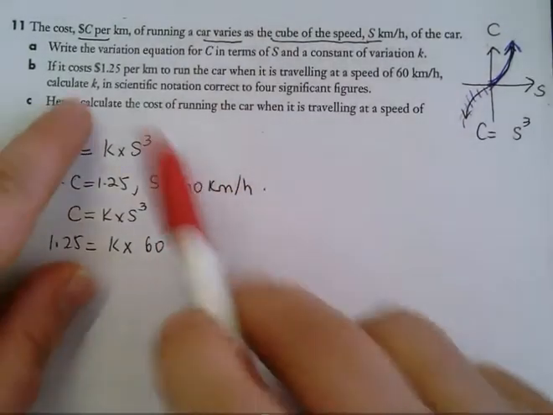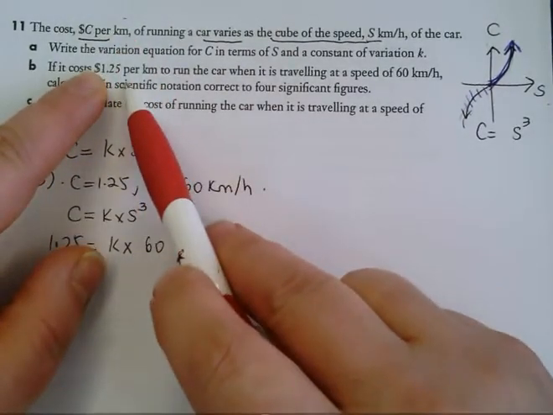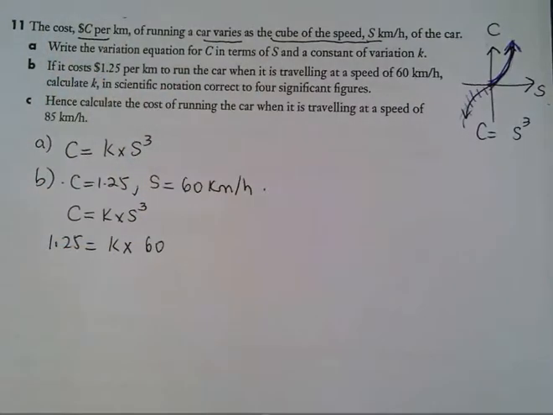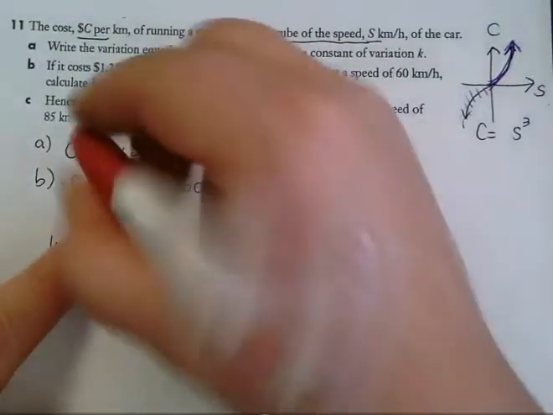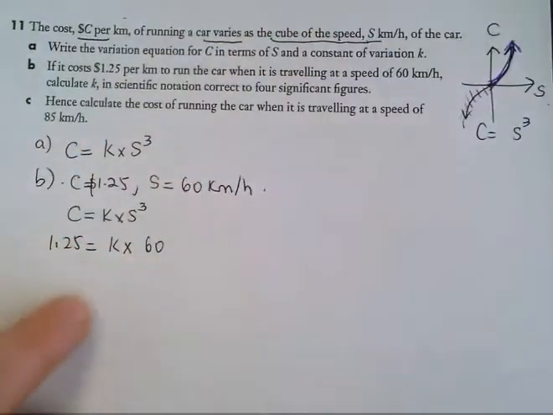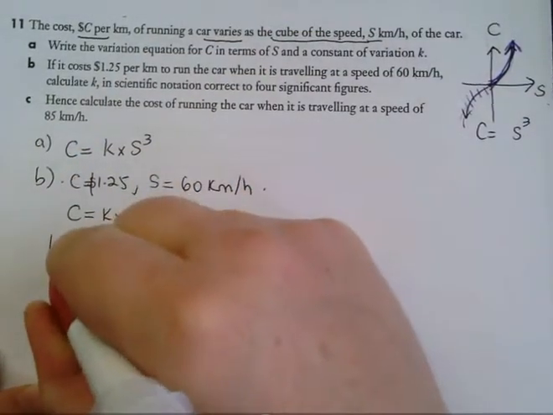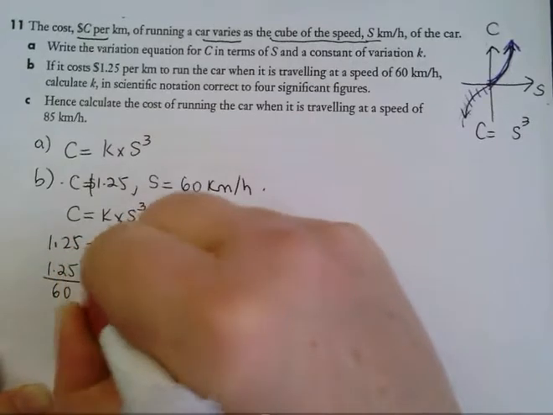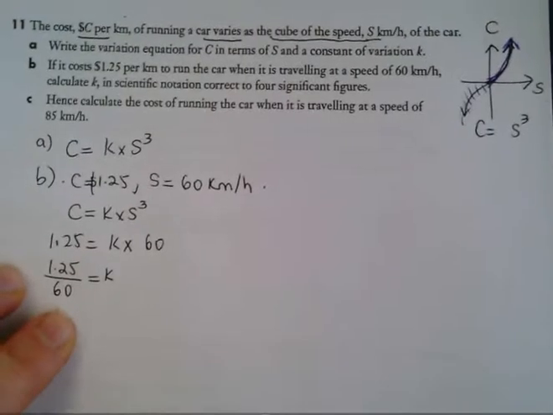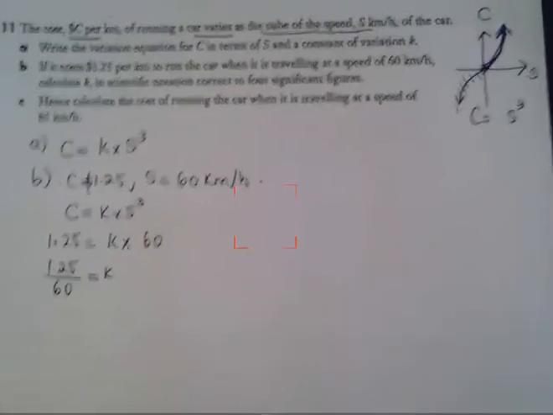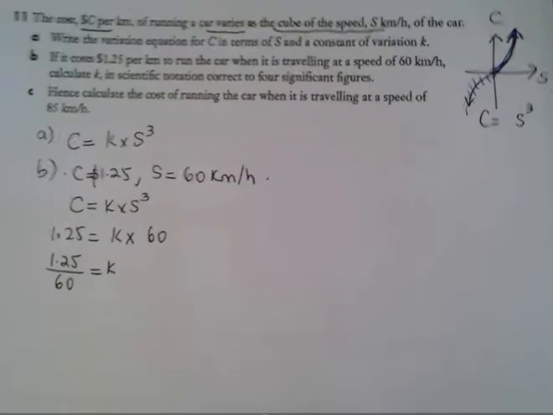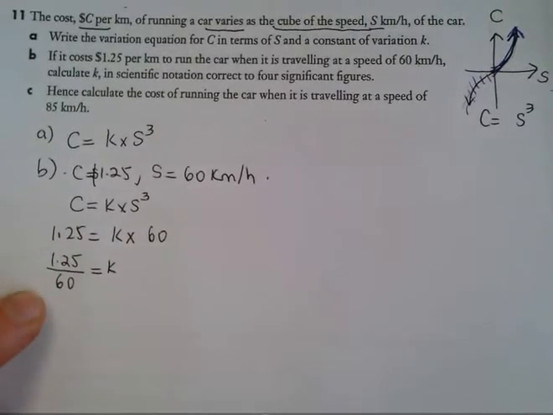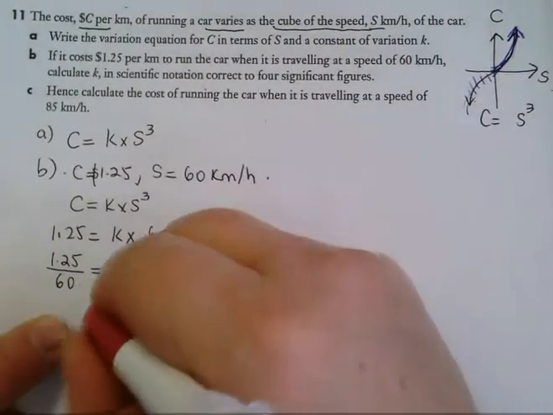Just make sure that what you're substituting is in the same units. Now it is C dollars per kilometre and that is $1.25, so the units are okay. So therefore K is 1.25 divided by 60 cubed. Girls, they want it in scientific notation, correct to 4 significant figures.